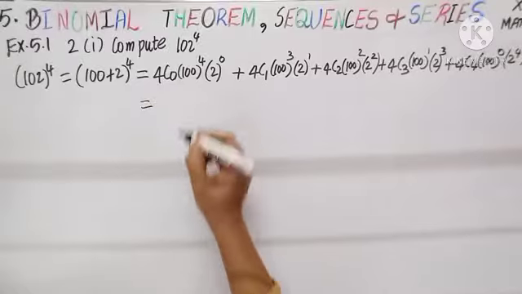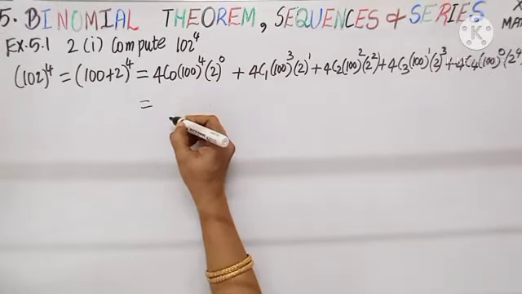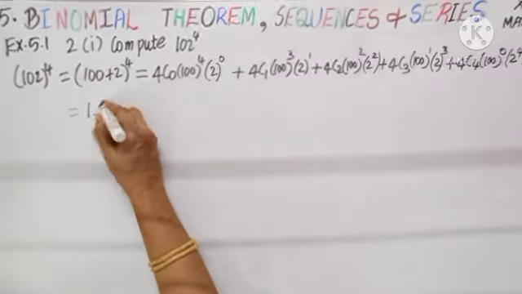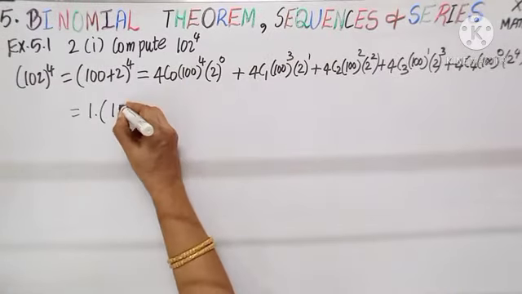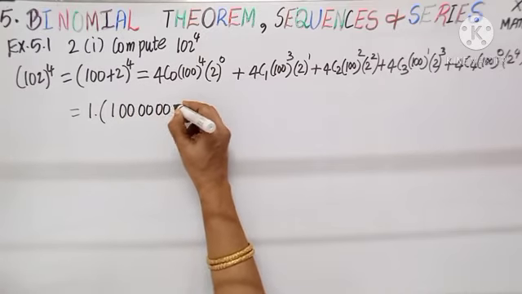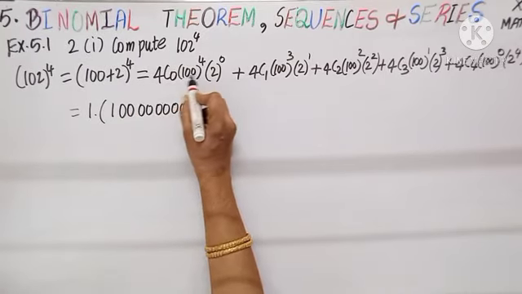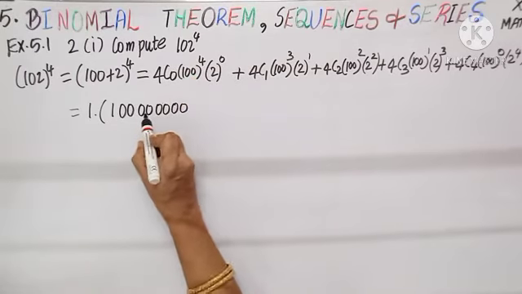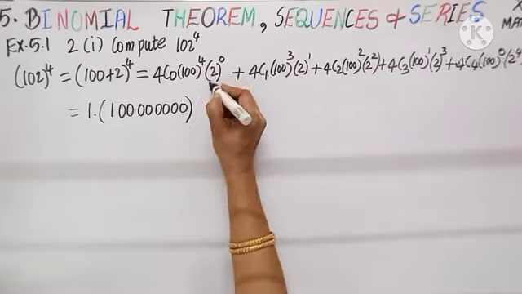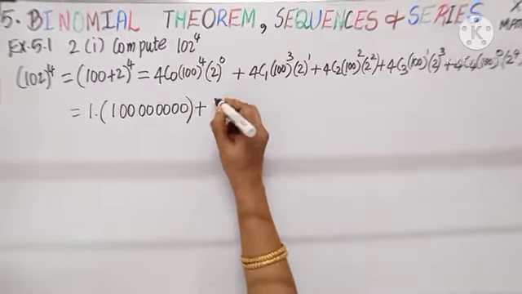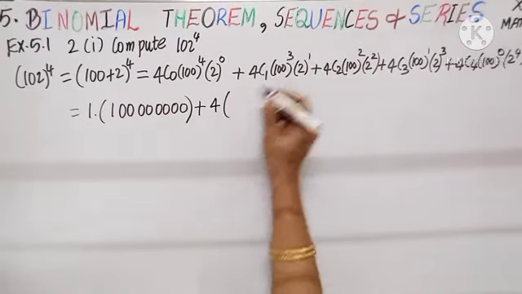Let us expand. 4C0, the value is 1. 100 power 4. 100 power 4 tells me double 0, put 4 times. 100, there are 2 zeros, power 4. So double 0, put 1, 2, 3, 4 times. 2 power 0 is 1, so ignore. Plus 4C1 is 4. 100 power 3.